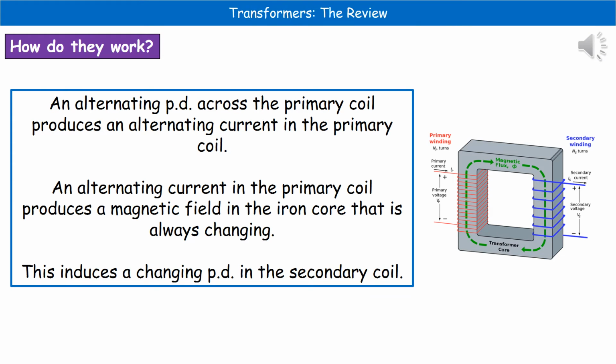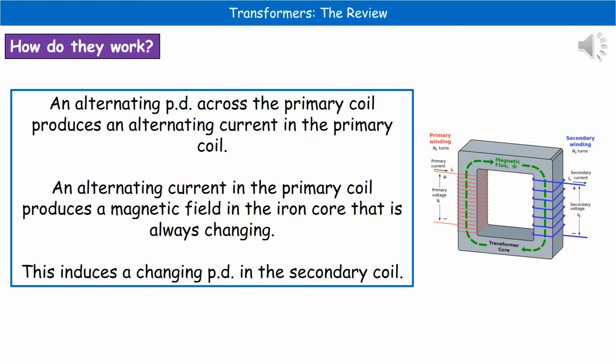So if we're applying an alternating potential difference across our primary coil, then we're producing an alternating current within that primary coil. That will then generate the magnetic field in the iron core that it's around.